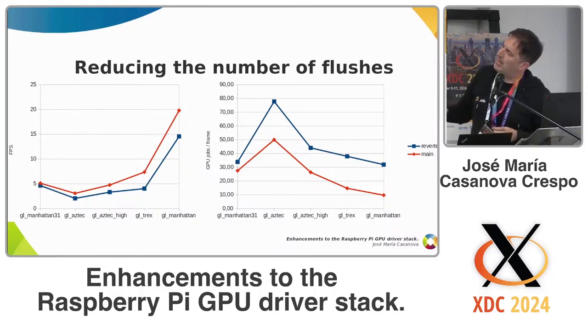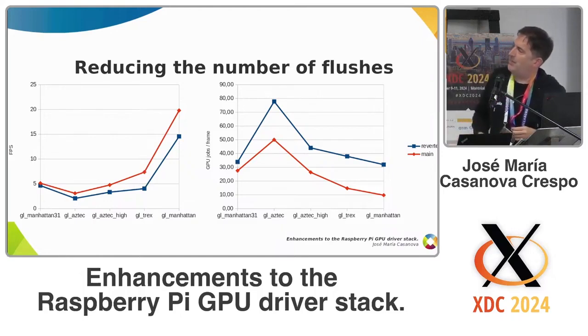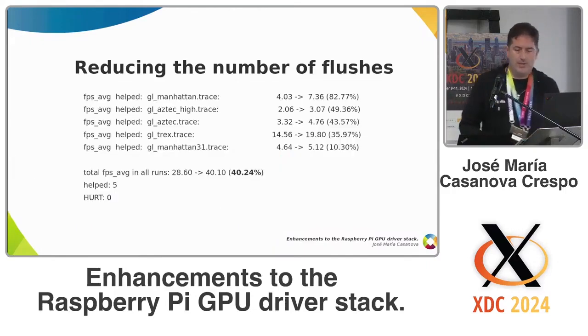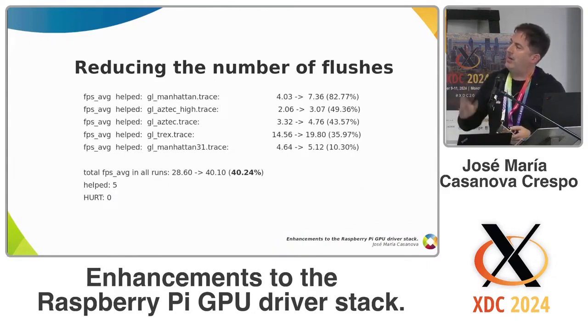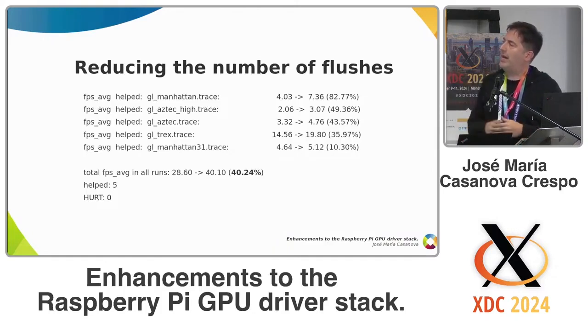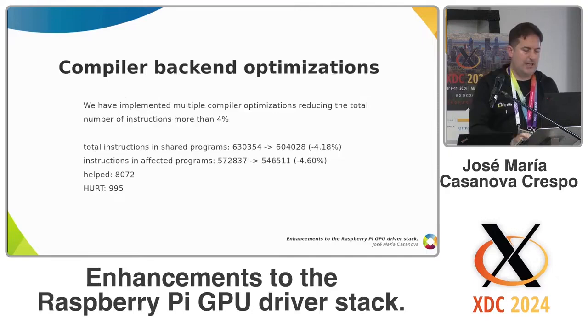So we can see, for example, the reduction on the Aztec demo, from 80 to 50, which is a 40% reduction of the total number of job submissions. At the end, we see the cost of this improvement. Just comparing with and without the commit, we can now know why we are improving the performance in these traces.